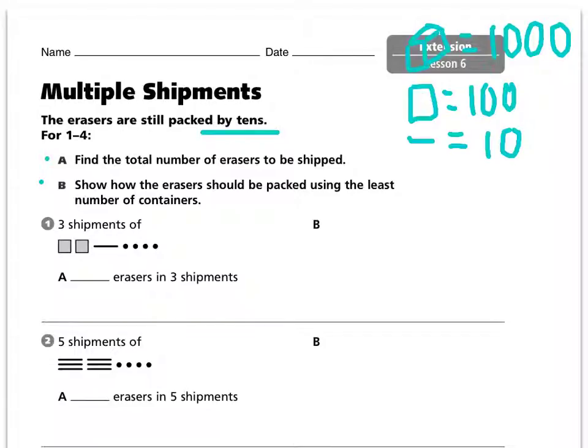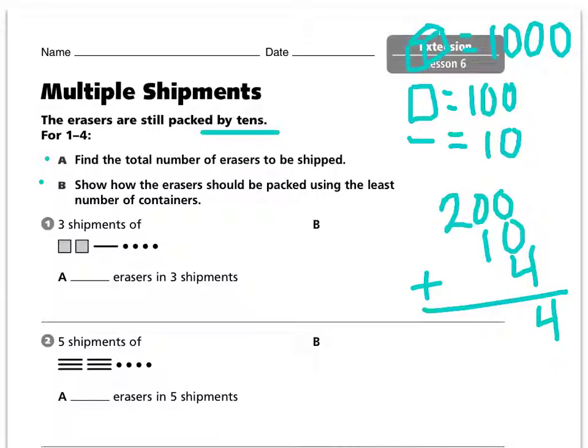So looking at this, I have 2 boxes. So I know that 2 boxes is going to be 200. I have 1 pack, which is 10, and 4 individual erasers. So I'm going to add that up. 4, 1, 2. So it looks like I have 214.